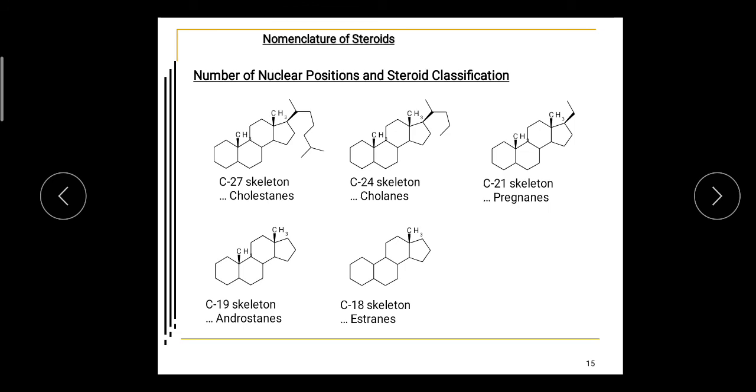Similarly, with additional carbons, the C24 skeleton is called cholane, and the C27 skeleton is called cholestane. So these are the basic ring names selected for naming the steroidal ring.